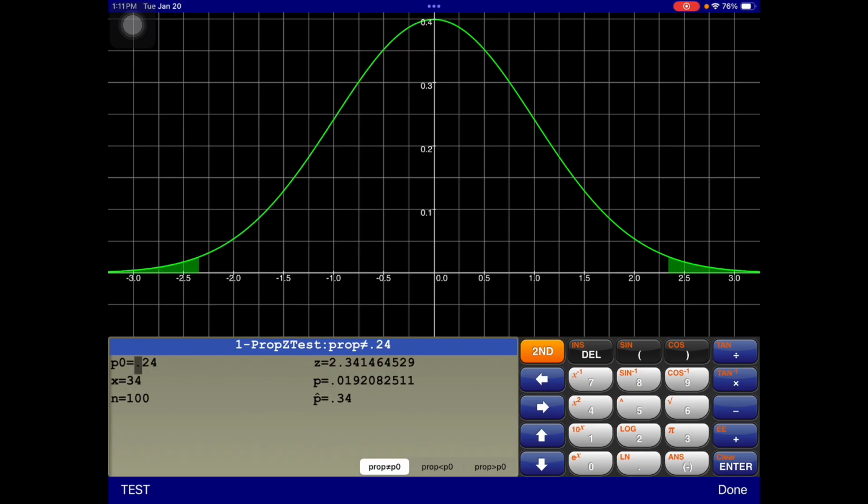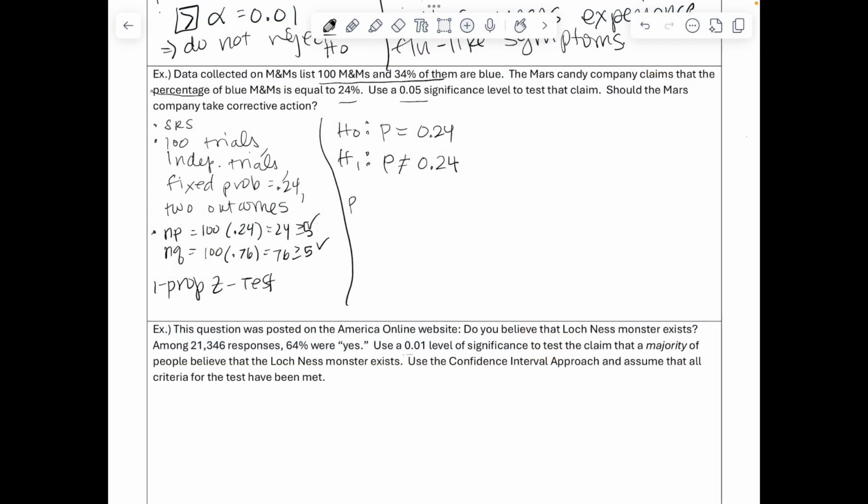Make sure to round it to 4 decimal places. From the graphing calculator, we get a p-value equal to 0.0192, and we need to compare this to alpha, which is 0.05. So our p-value for this case is less than alpha, which means that we are going to reject H naught.